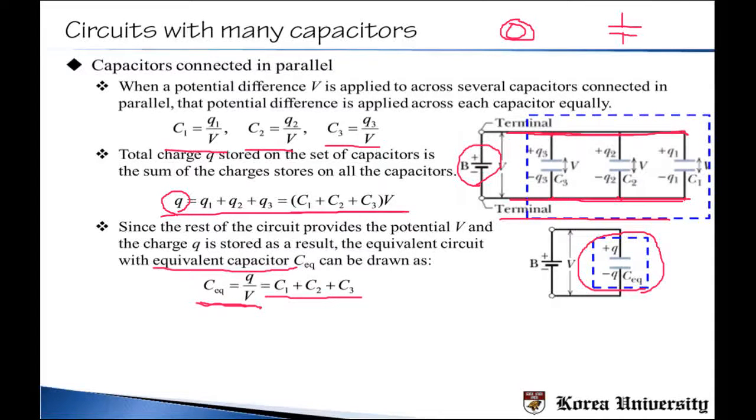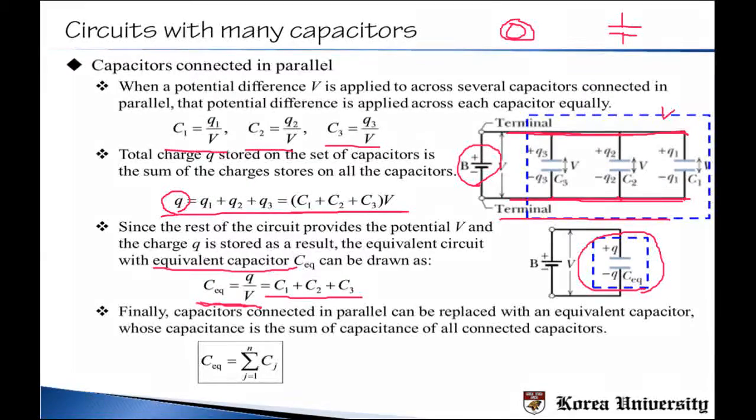If there are many capacitors connected in parallel, just like shown in this figure, if you know the capacitance of each capacitor, then the equivalent capacitance experienced by any device outside them will be equal to the total linear summation of all the capacitances. So even if there are more than 3, even 100 or 1000, we can simply make a summation like this. This is the case of the capacitance when they are connected in parallel, okay?